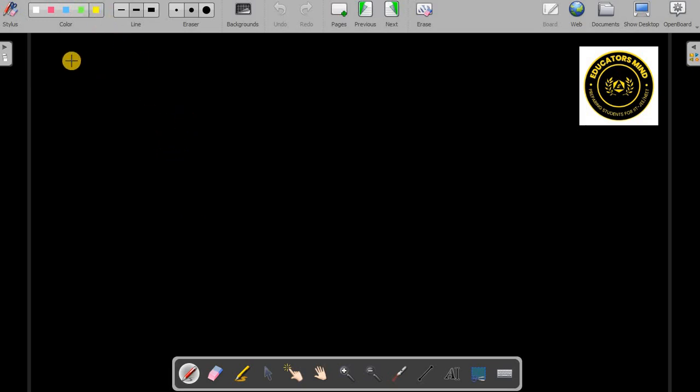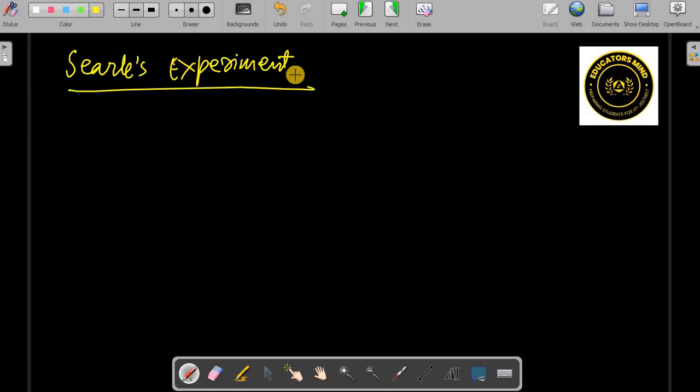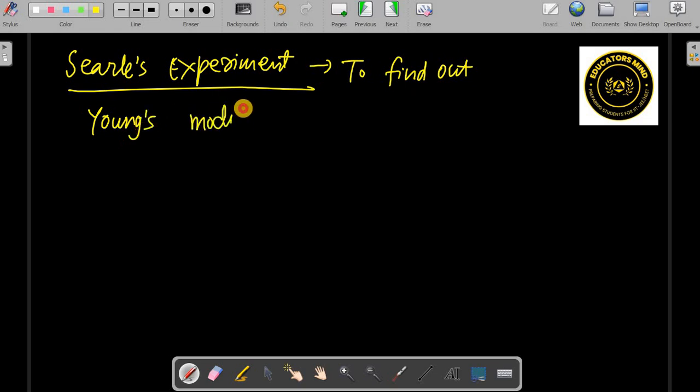Okay, so already we know that, and there is one thing called Searle's experiment. We don't have to go into detail on that, but we should know it is used to find out Young's modulus of a wire. So suppose some wire is given. How do you find out Young's modulus?